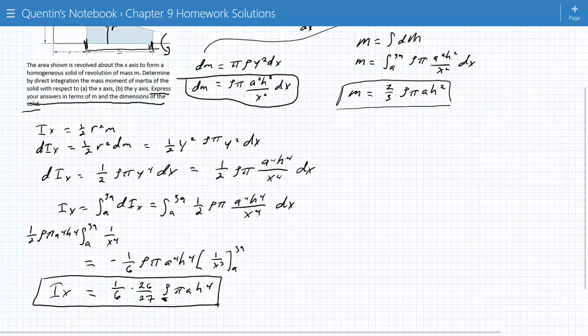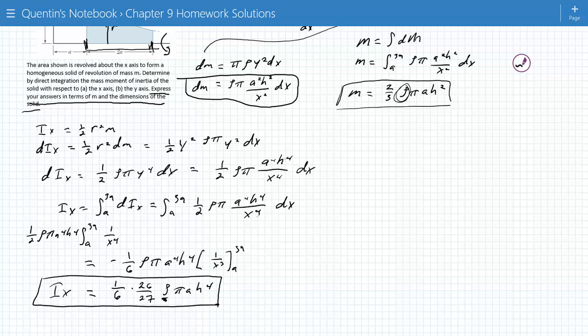What I want to do is get this rho right here and use those in between. But I'm looking at this, and actually I have rho pi a h to the fourth. And so I can look at this section right here and almost just pull it out of this section right here. So I'm going to solve for rho pi a h squared, which is equal to 3/2 m. Given that, I can plug that into here.